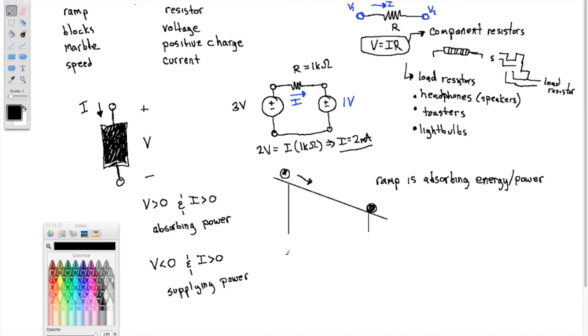Now, the question might be, how much power is the device supplying or absorbing?